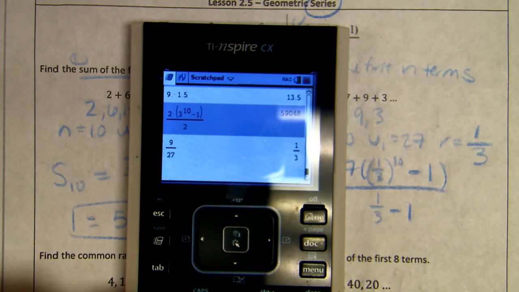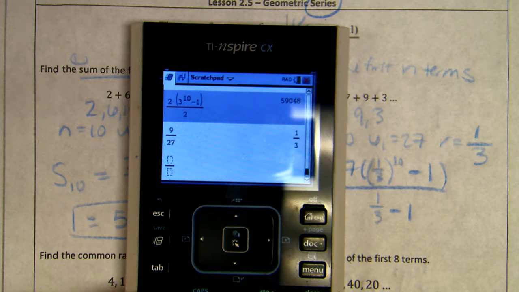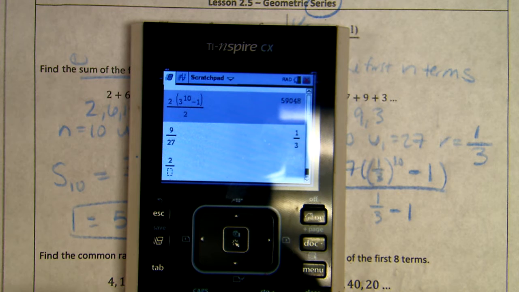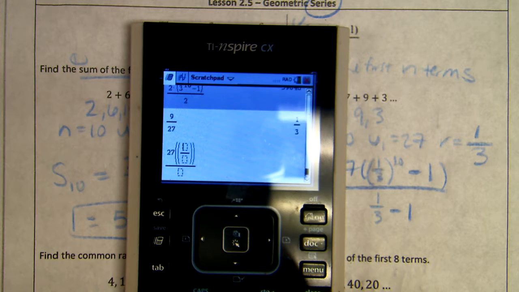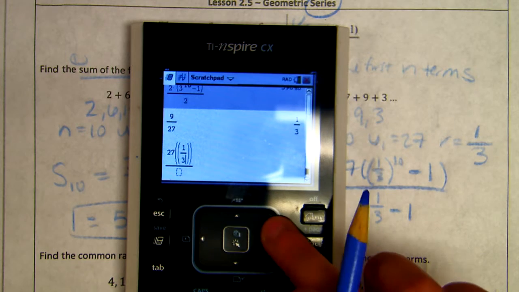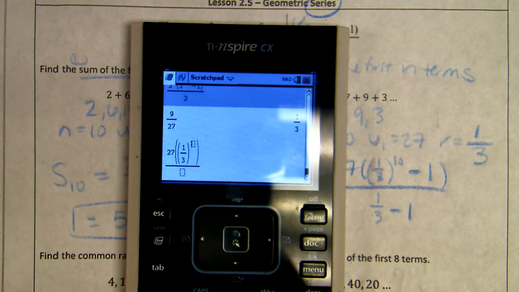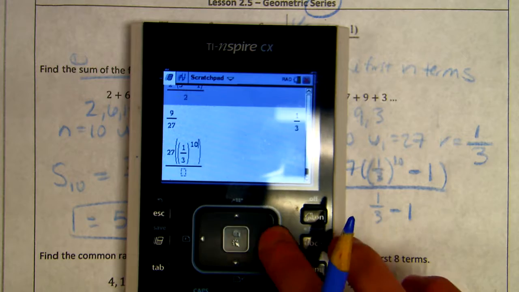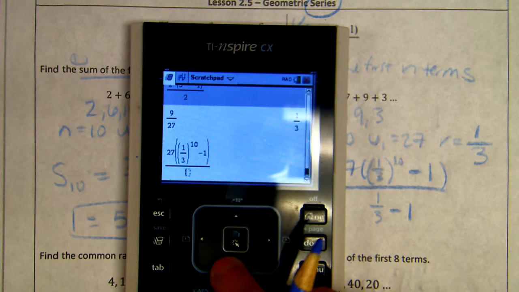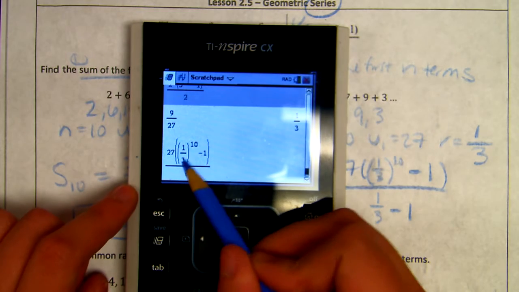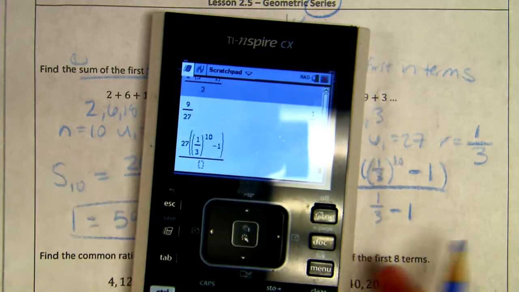Good, so I'm going to put in my fraction bar right away. I have 27 times, I'm going to do one more set, 1/3 to the, what power? 10th power, minus 1. Notice how my 1/3 to the 10th minus 1 is also in parentheses.